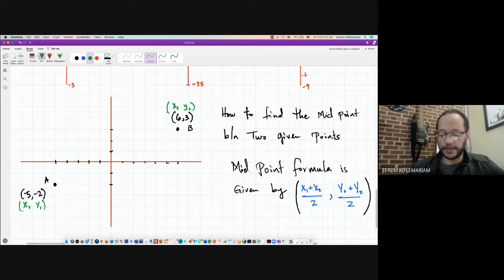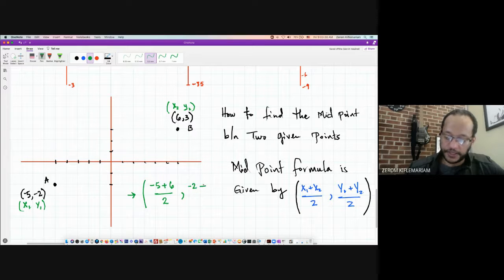So if we apply that, my x1 is -5 plus my x2 is 6, the whole thing divided by 2, comma, my y1 is -2 plus my y2 is 3, divided by 2.